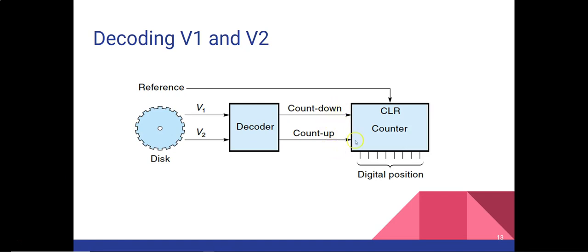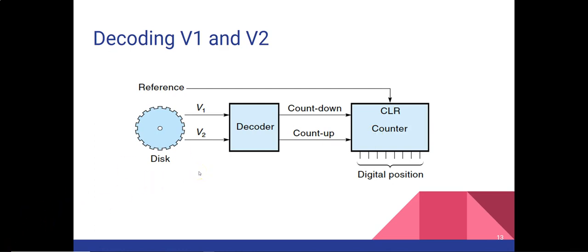Then these signals are passed to this counter, and from here we obtain the digital position. The counter starts at 0, which is usually reset by the reference sequence, and then maintains the position by keeping track of the counterclockwise and the clockwise direction.